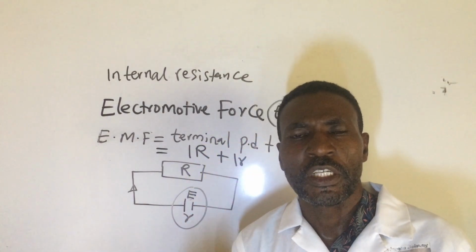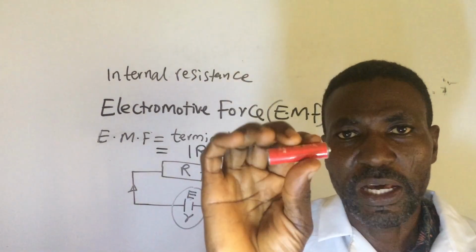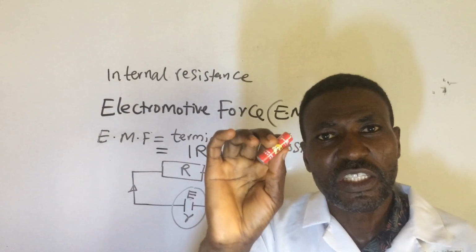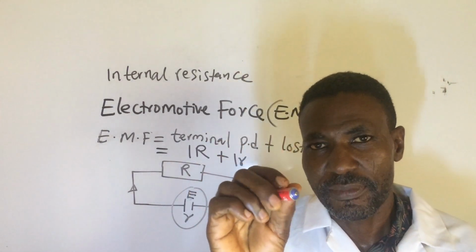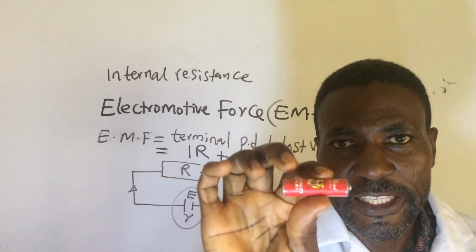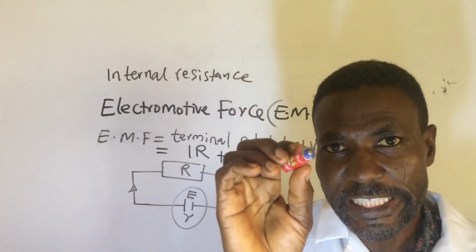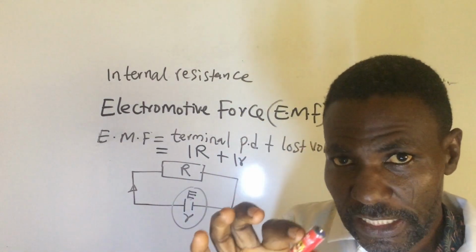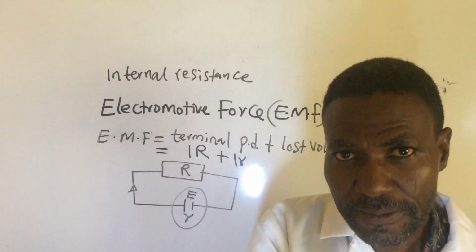Now, this electromotive force is the potential difference across the terminals. It is the energy of this battery to push current. Now, when this battery is connected to a circuit, just like when you put this battery in a torch, you have connected it to a circuit, then you turn on the torch, it will start giving light, right?